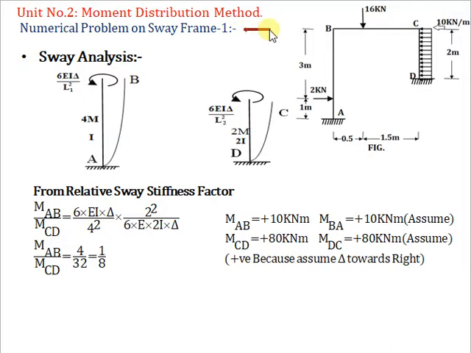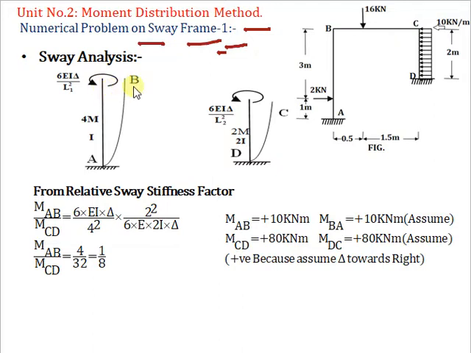Now this is the second part of the problem, and here we are going for the sway frame analysis. Same problem, now we have to do its sway analysis. For that, let's consider the vertical column and apply the sway or translation to the column.